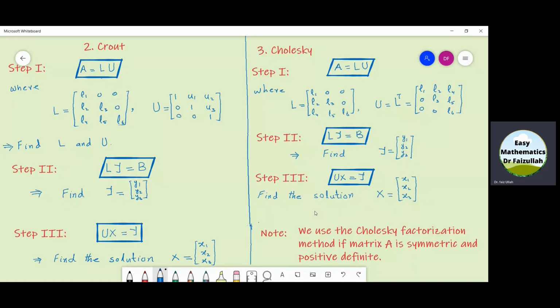However, we have to remember this note that in the Cholesky factorization method, the square matrix A, which is the matrix of coefficients, must be a symmetric matrix and positive definite. Symmetric means A transpose must be equal to A.